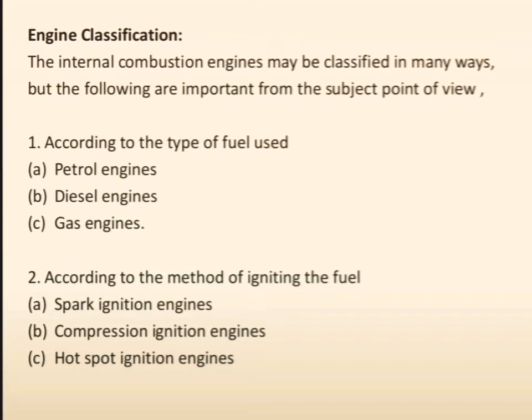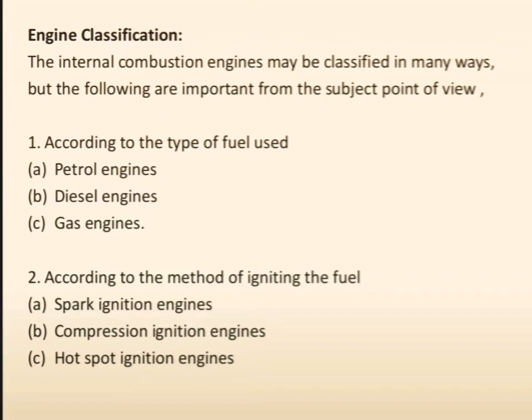Now, the second classification is according to the method of ignition of the fuel. There are three types: spark ignition engines, compression ignition engines and hot spot ignition engines. What are spark ignition engines? In spark ignition engines, there is a spark plug which is used to ignite the fuel inside the chamber.